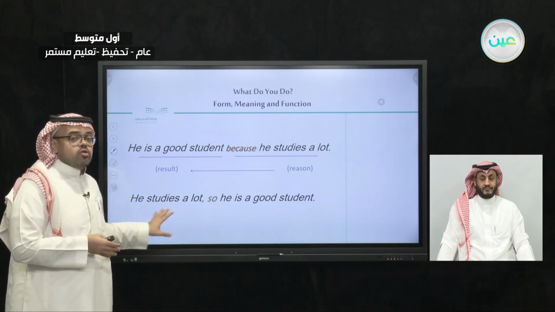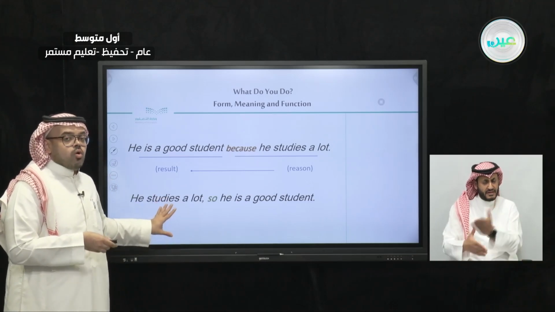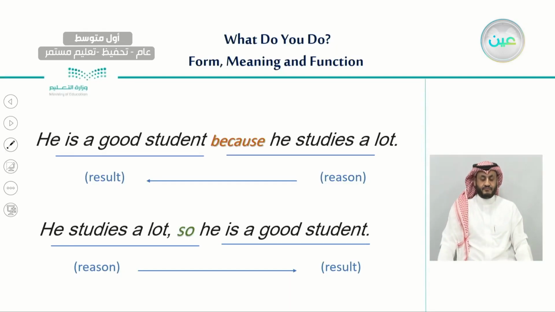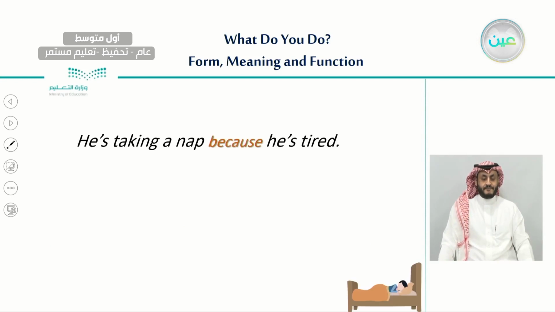Those are reasons. So what is the result behind all these reasons? The result is that he is a good student. So we use because to give the reason, and we use so to give the result, the consequence behind this reason. Let's see another example.